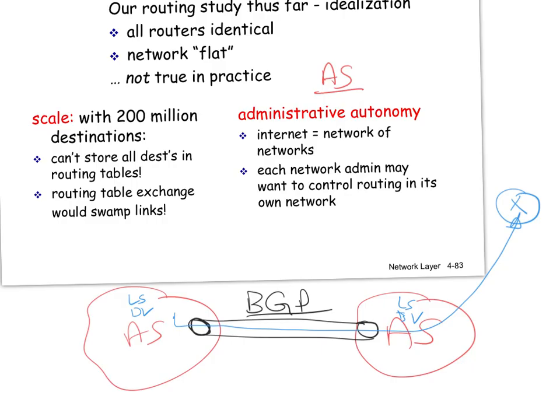Okay? So we have to go to Ooredoo, and Ooredoo will have to go through another autonomous system, sometimes in Europe, or maybe in the US, to go to China.